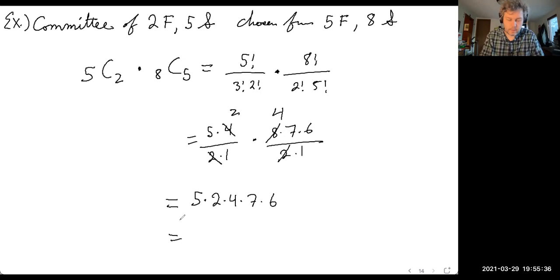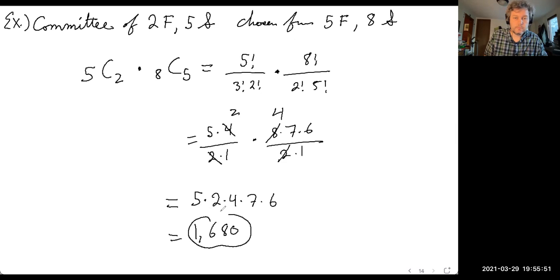Let's see what that is. 5 times 2 is 10. 10 times 4 is 40. 40 times 7 is 280. 280 times 6 is 1,680. We see that same number again. It's kind of interesting. So that's how I believe you would do a problem like that if you were forming a committee in this way.